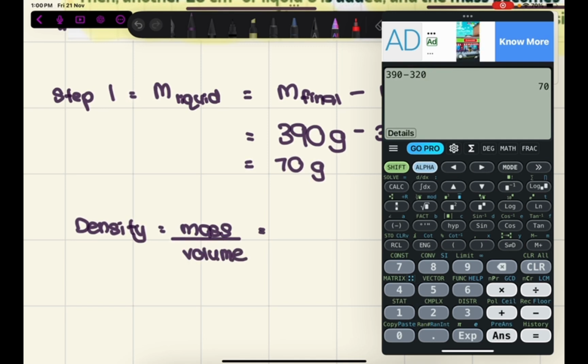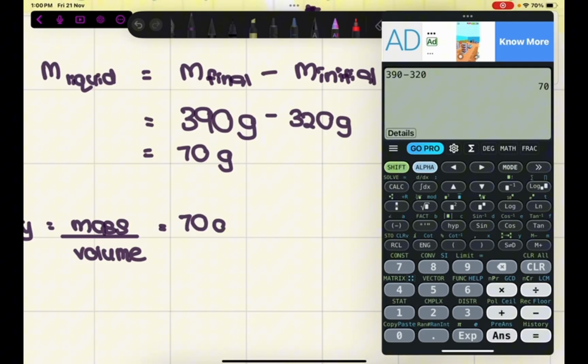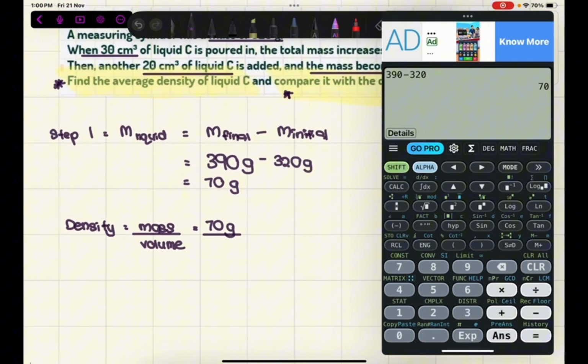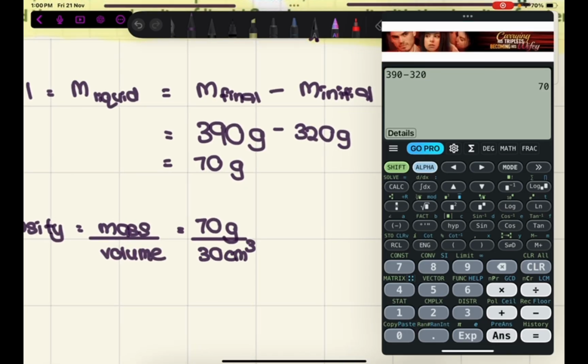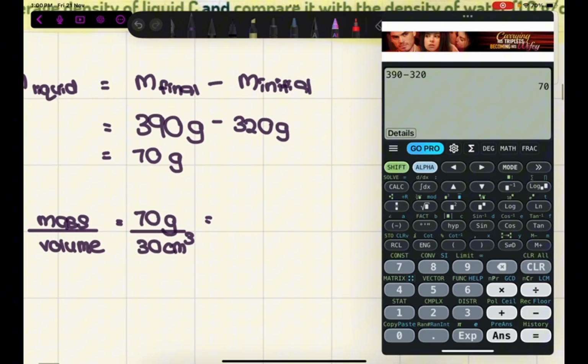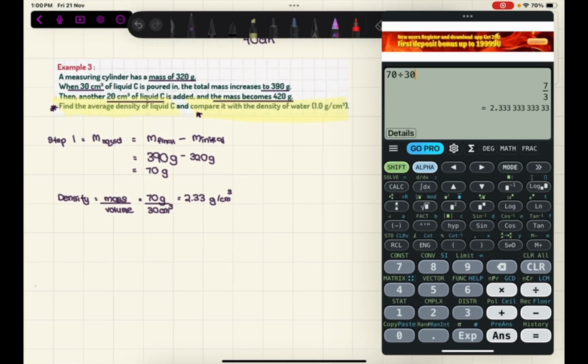So the mass we get is 70 gram over the volume, which is 30 centimeter cube. So we will get 70 over 30 equals 2.33. Don't forget about the unit, gram over centimeter cube. So this is the first step.